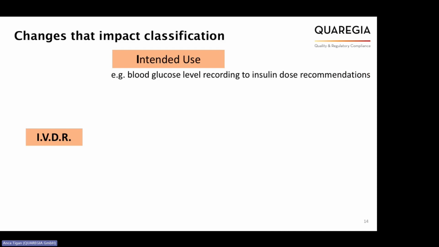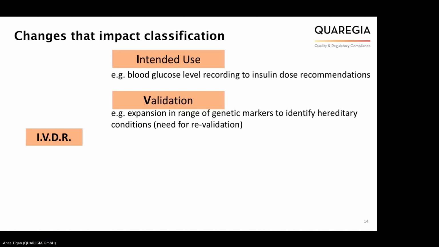So for example, if you had a software that would initially be used just to record blood glucose levels, and the intended use of the software would be changed so that the software would also provide the patient's insulin dose recommendations. Such a change in intended use could lead to a different classification of the software.